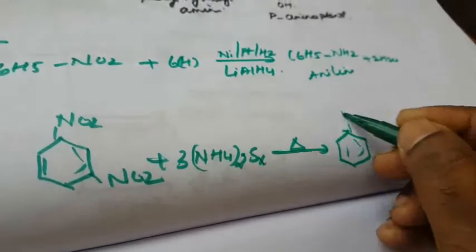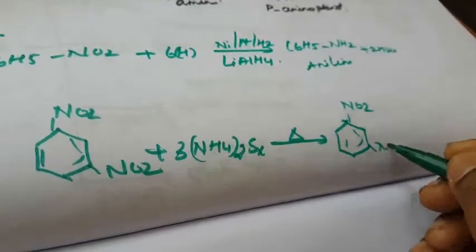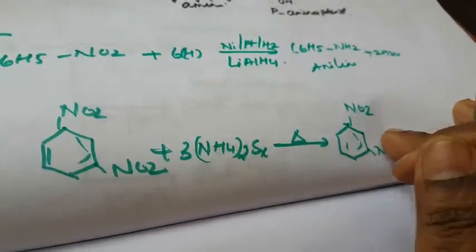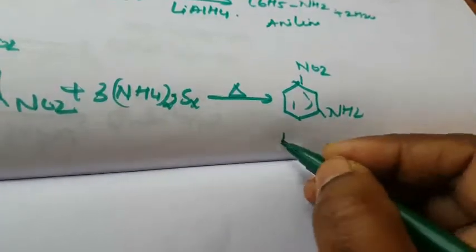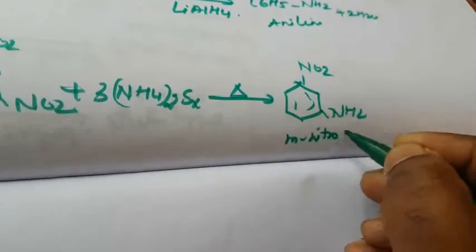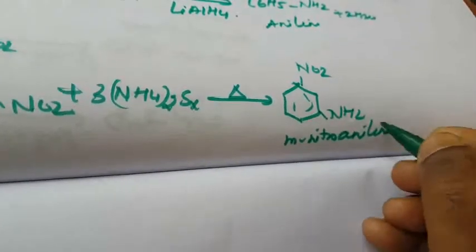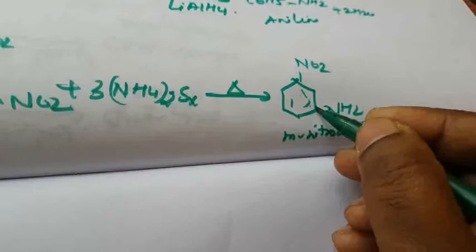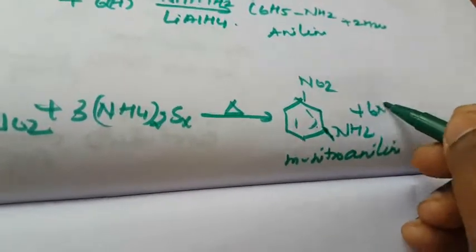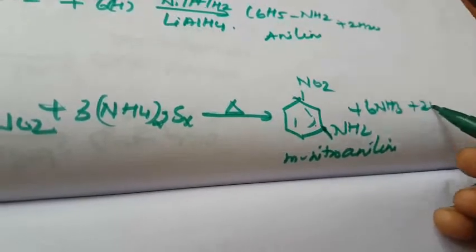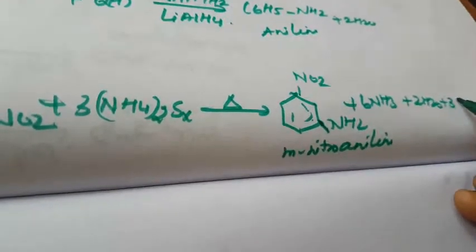So here NO2, here NH2. Only NH2 is called aniline, so the name is meta-nitroaniline. This is the meta position. So meta-nitroaniline, then ammonia, then H2O, then sulfur.